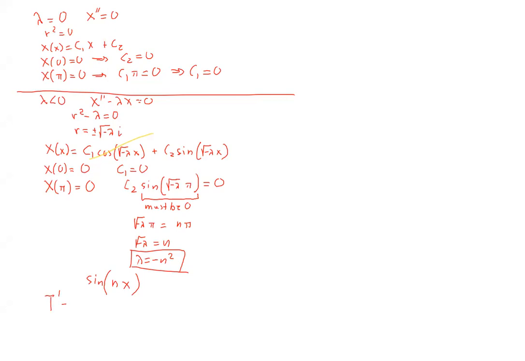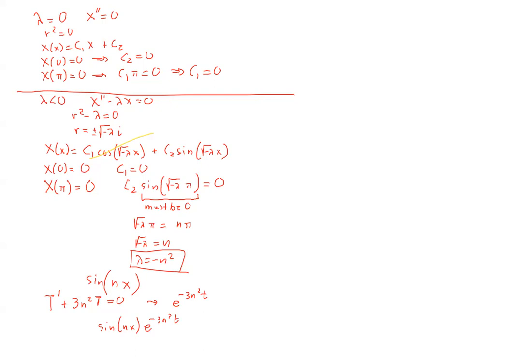T prime minus 3 times negative n squared, so plus 3n squared times t is equal to 0. This is a very simple separable equation, which gives what solution, e to the negative 3n squared times t. So when you put everything together, you have sine of nx times e to the negative 3n squared times t.